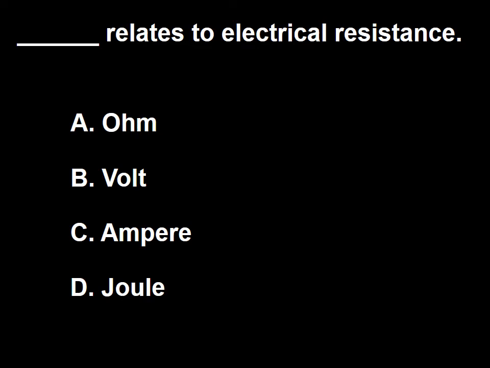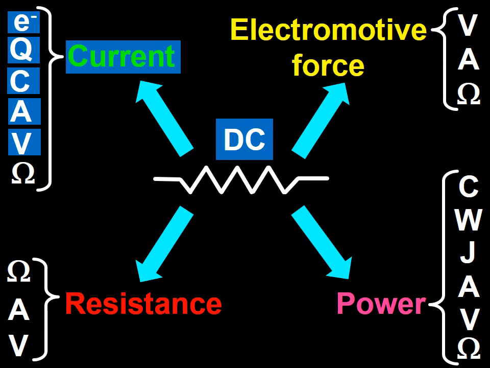Next question. Blank relates to electrical resistance. A ohm, B volt, C ampere, D joule. Once again, I like to start elaborating an answer to this question by asking you to look at the master slide.